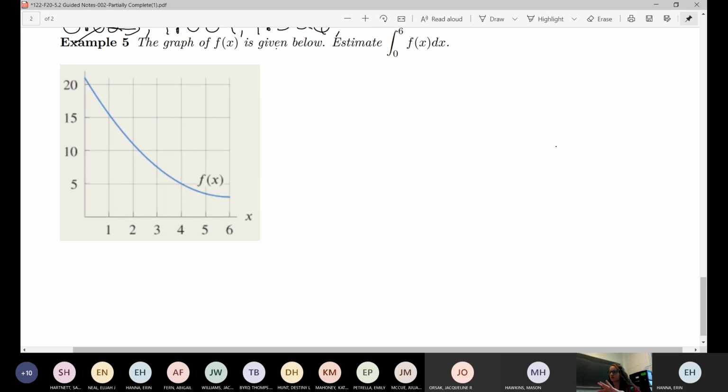So when your picture has the grid structure in the back, we have this other option, finding the area underneath of this function. Because remember, that's technically what we're doing here. We're finding areas underneath of functions.